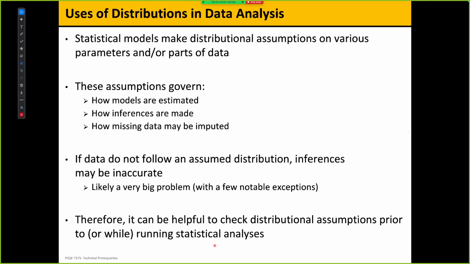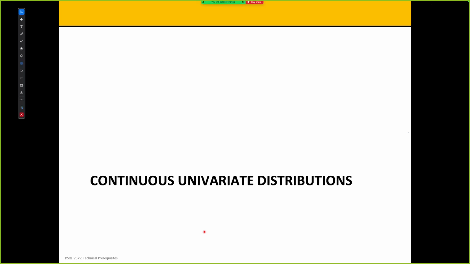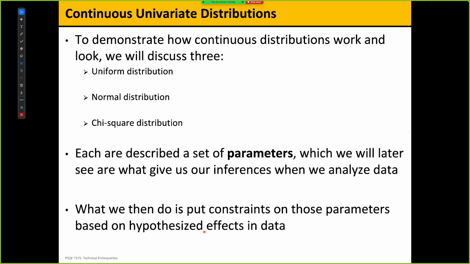I should really change this to say checking for distributional assumptions in statistical analysis is important. Checking a priori and then transforming your data under some ideal is actually a model-based approach, but the model is fairly naive, not a good model at all. An empty model is really what it is. Cool. All right. Let's talk about some continuous univariate distributions.